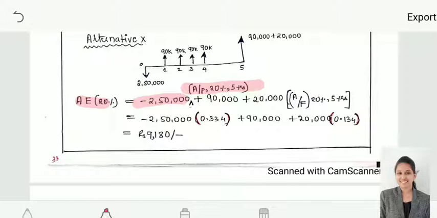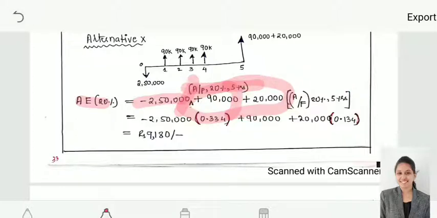Whereas for 90,000 and 20,000 I am not considering any factor for 90,000, because A by A is a factor of 1. Whereas 20,000 is my salvage value, so for this 20,000 you are considering A by F.